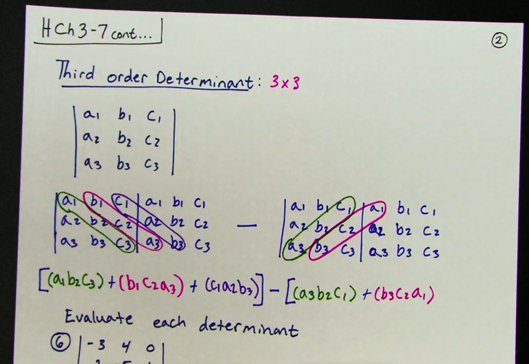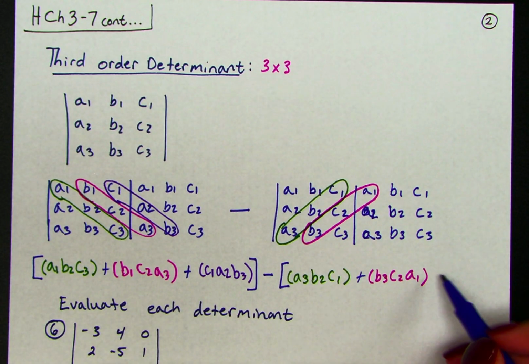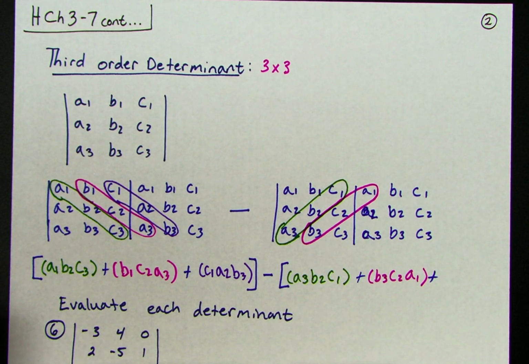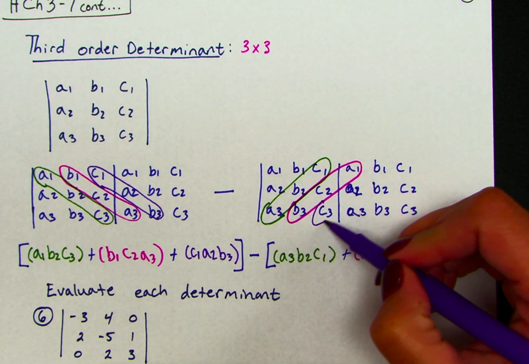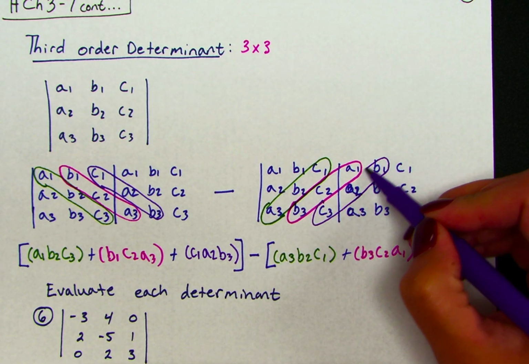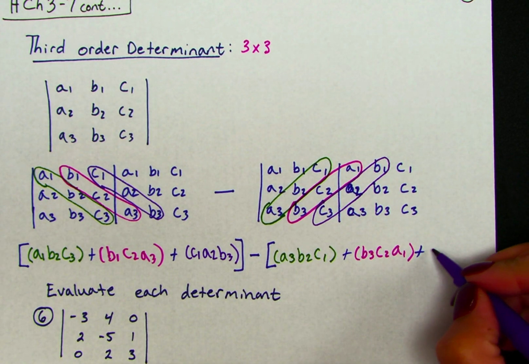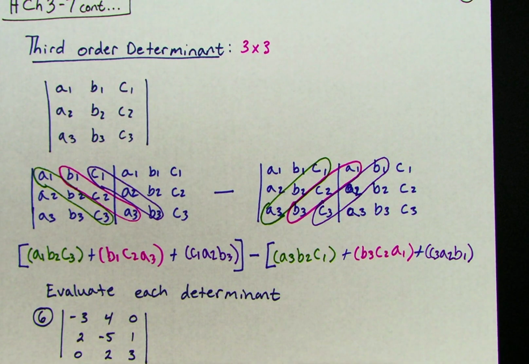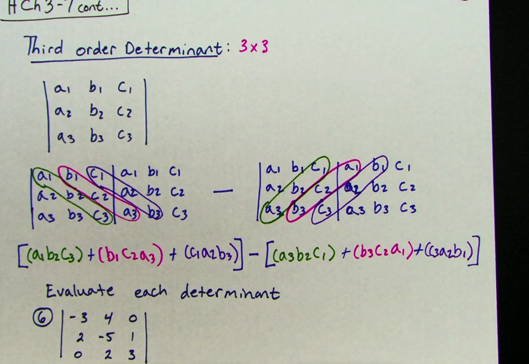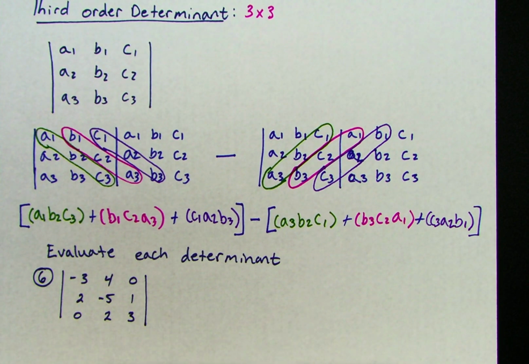And then adding it to the last diagonal. That means that we are taking C3 times A2 times B1. And believe it or not, that is going to simplify down to a single number. Okay. All right, so that is the formula that we're going to do.